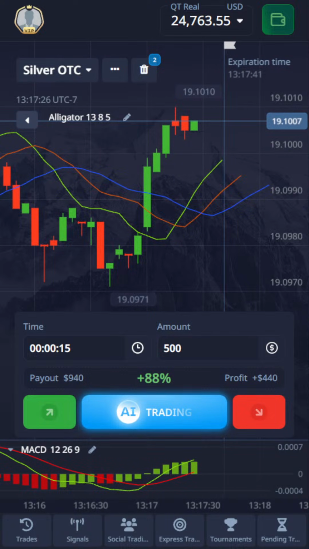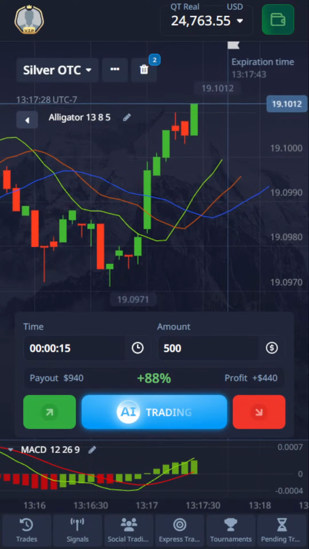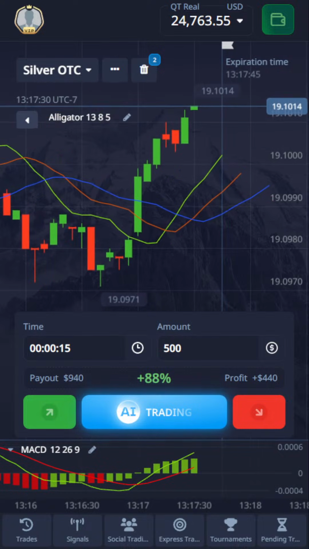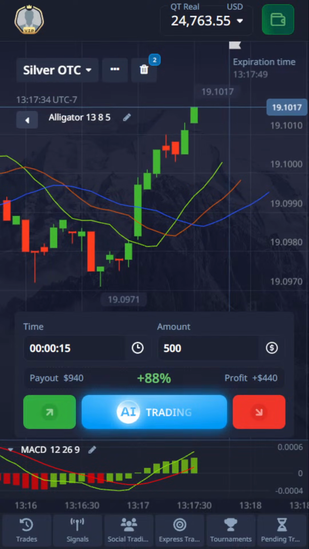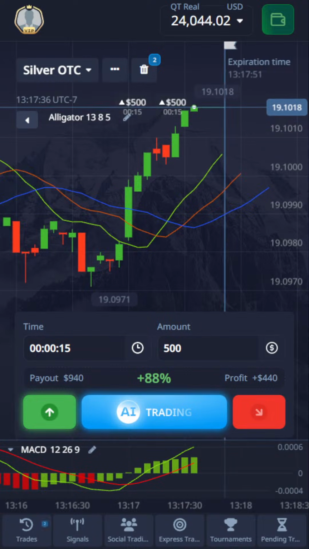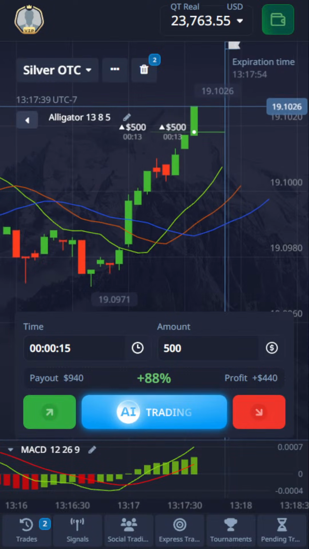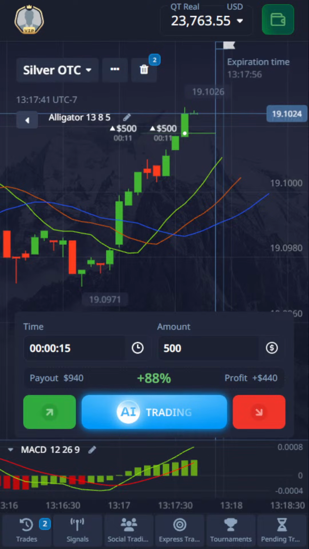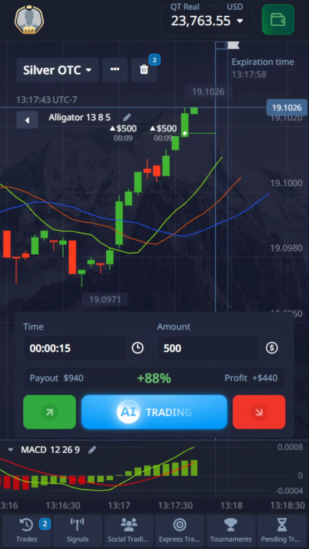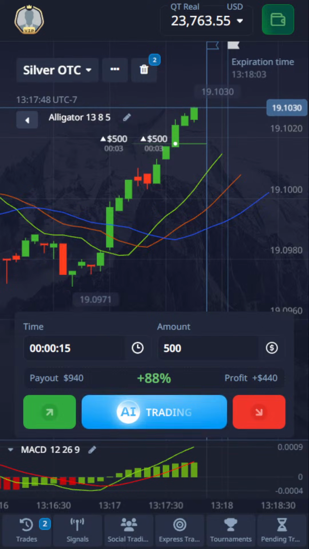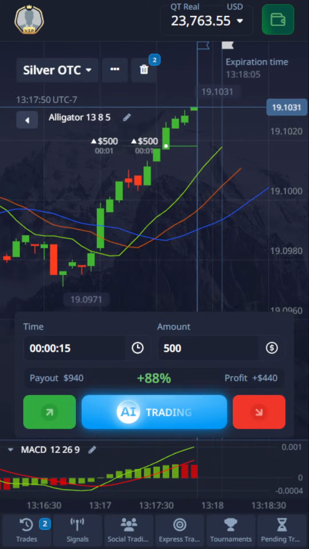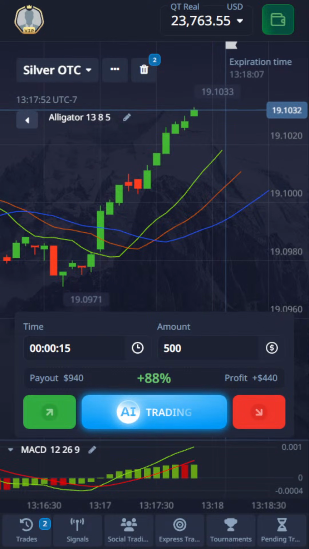Renard, in Pocket Option, we mainly trade binary options. Okay, and being binary options, most of it we are looking at smaller time frames.